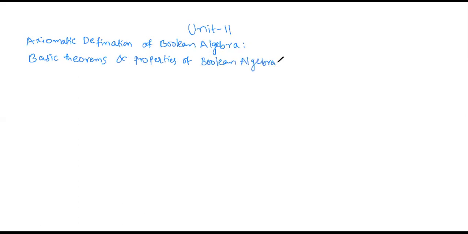These two topics give common information. So I am considering these first two topics as a single topic. Whatever we are discussing will come under these two topics: definitions of Boolean algebra and theorems and properties of Boolean algebra.